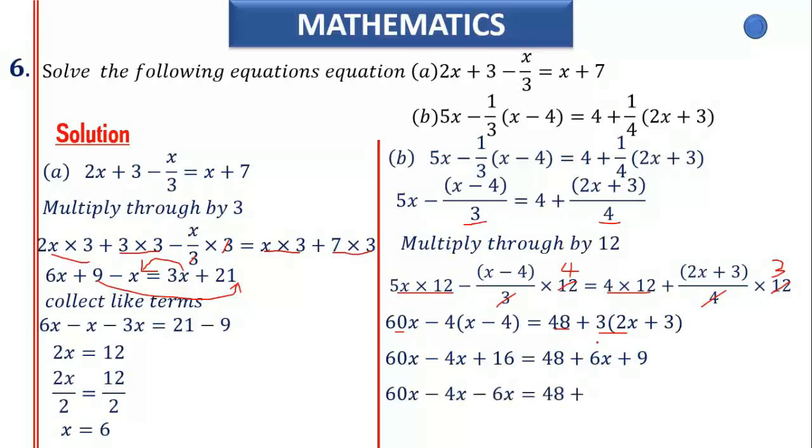Okay, so from what you have there, you can then go ahead and solve further, and solving further will give you this, and from there we can then get our value of x by dividing both sides by 50.